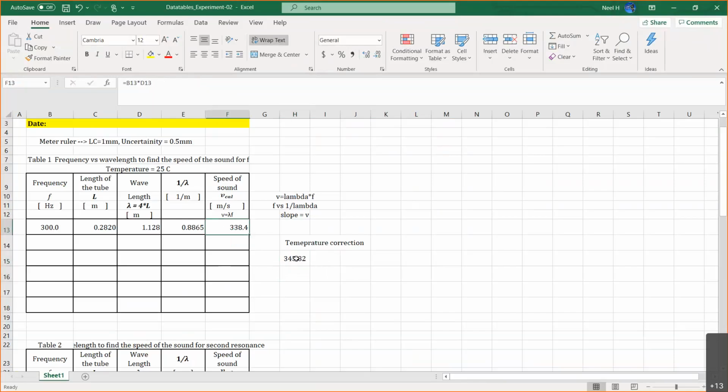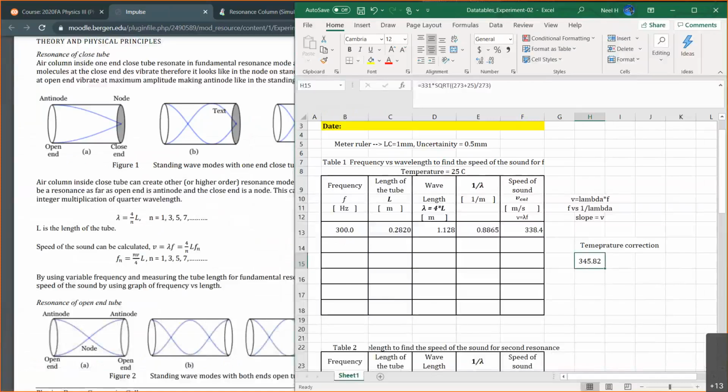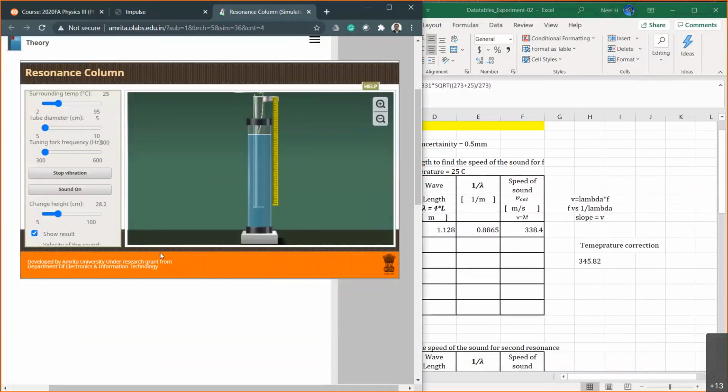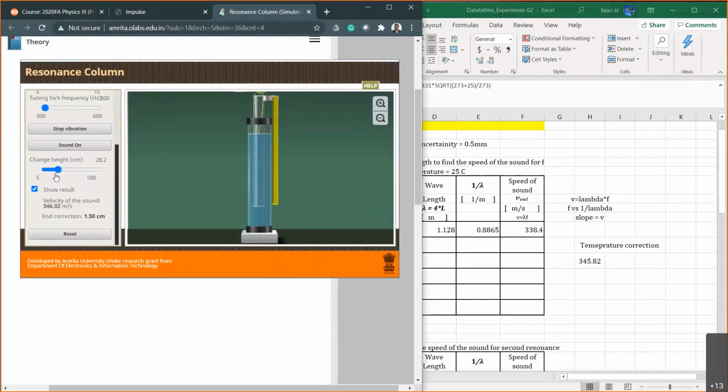Now, if you do this in class, that difference is very, very normal. You're not going to get the exact number anyway. But let's take a look at what answer they have on the simulator. If you go to show results, that will actually tell you the results. So we should expect about 346. So if I do the end correction, I should maybe be able to get a very low percentage difference.